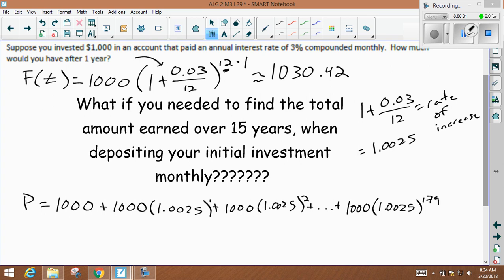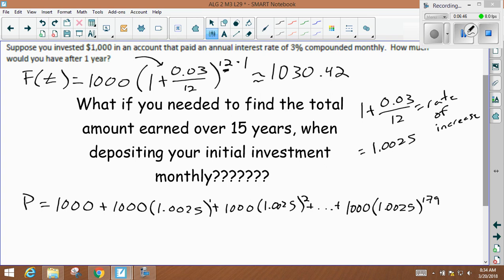It's going to look something like this, right? As we go through, we could add up 179 of those, or we could figure out a clever formula to use for this, which is what's about to come.